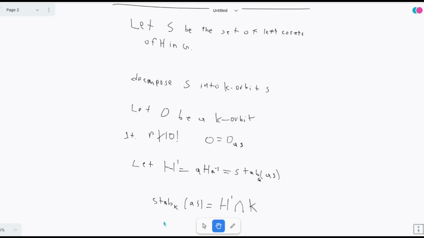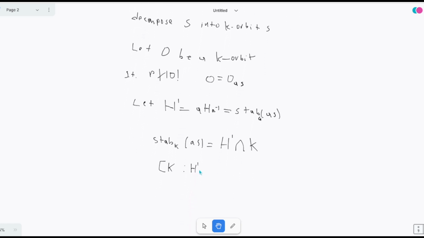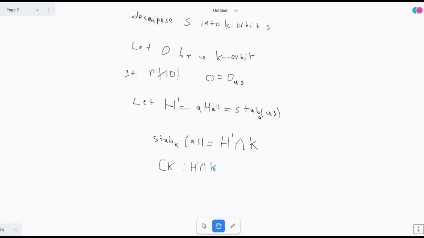And we also have that the index of H prime intersect K in K will be the size of the orbit, which is coprime to P, not divided, I should say. And H prime, because it's a conjugate of H, is a P group.